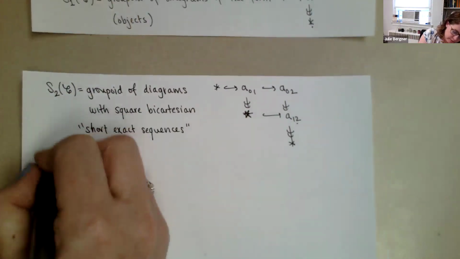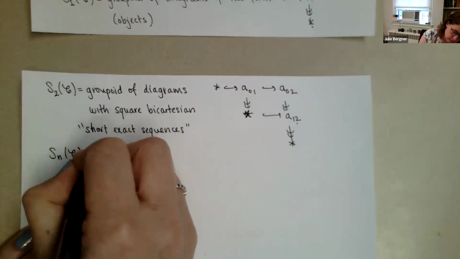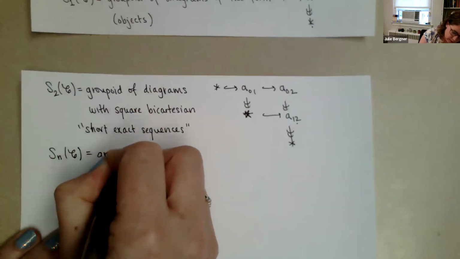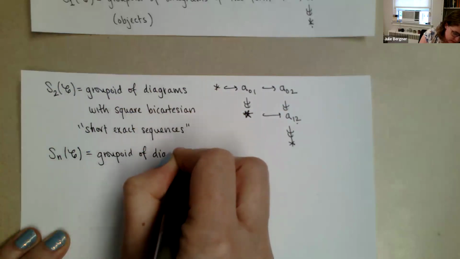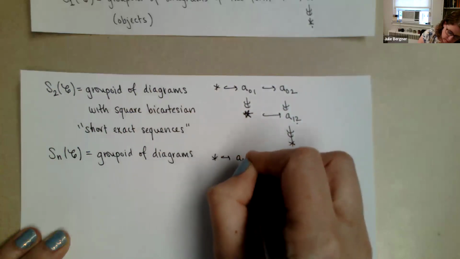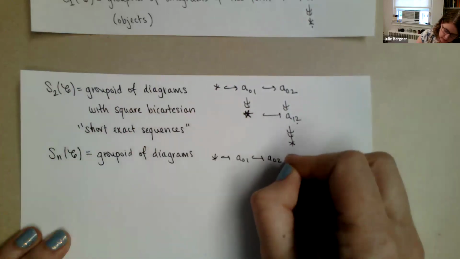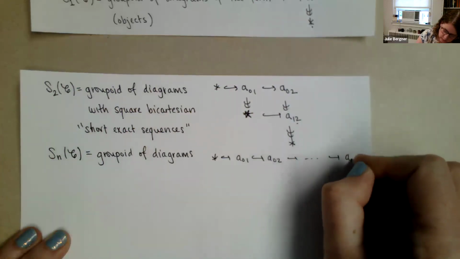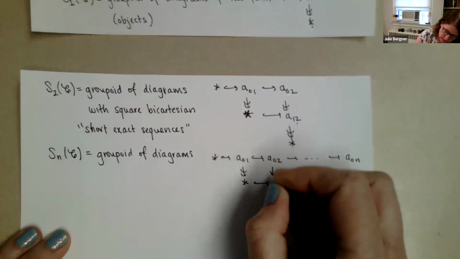And now the very general case, so SNC is going to be the groupoid of diagrams. So we just extend this pattern. And so we just have something of length N here. And we end up with these 0 objects along the diagonal.